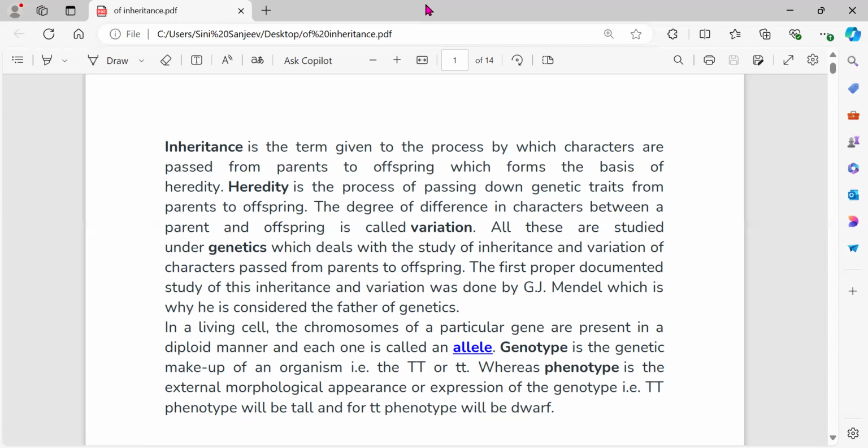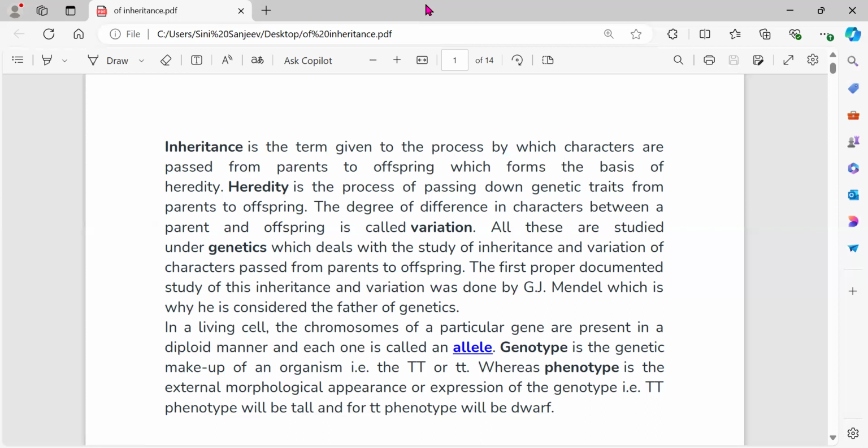These three terms are very important whenever you are studying genetics. Genetics is basically the science which includes inheritance and variations, that is, the characters which are passed from the parents to the offspring. The study of genetics was first done by G.J. Mendel, that is Gregor Johann Mendel, the father of genetics.